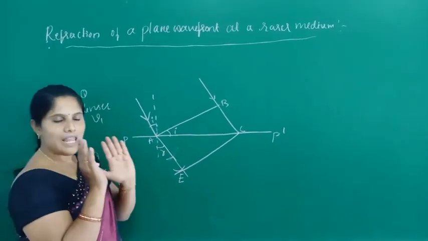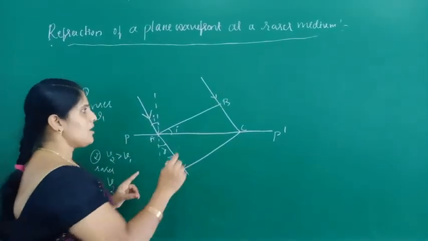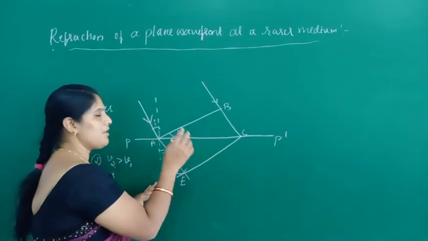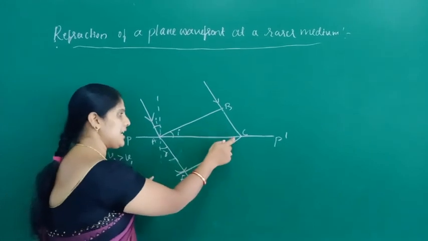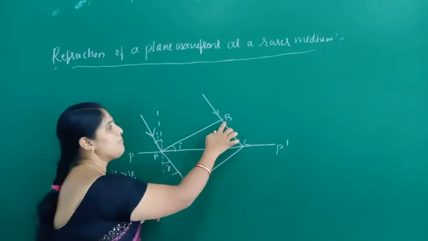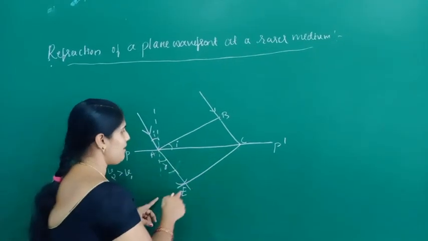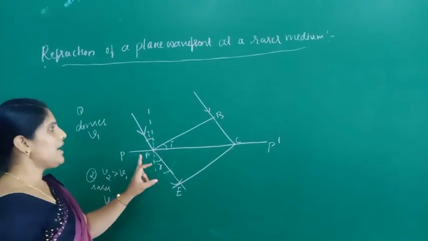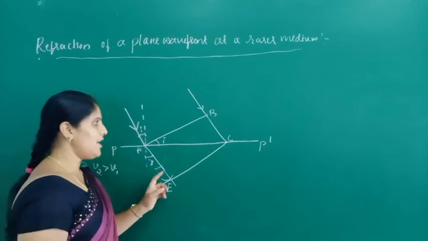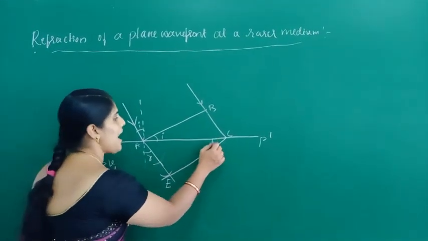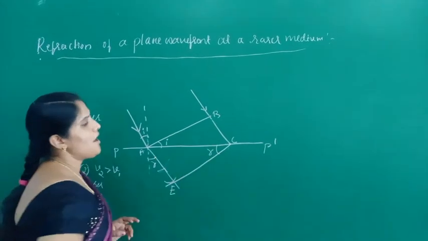So in the same interval of time tau, the distances BC and AE are travelled. But for the same time interval, BC is less than AE. So CE is the refracted wavefront. From the figure, AB is the incident wavefront, CE is the refracted wavefront. So this is the angle of refraction r.